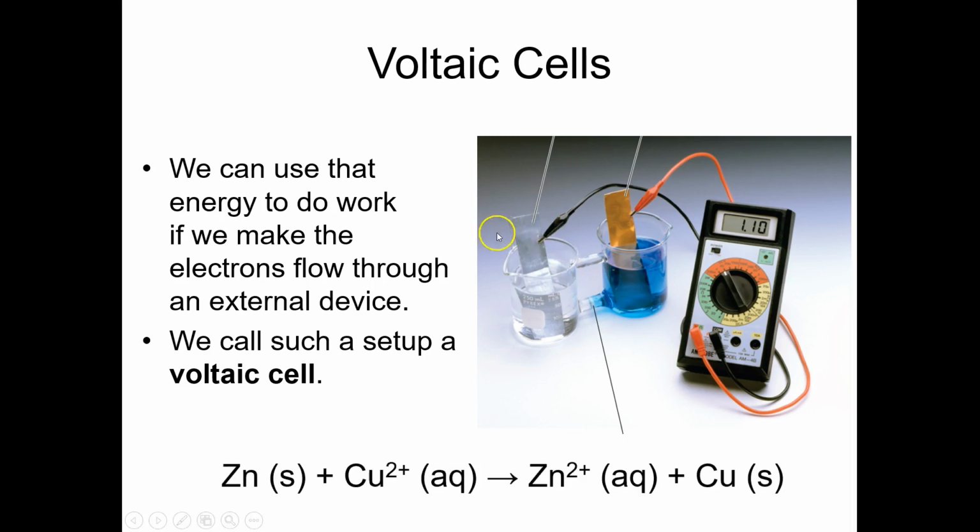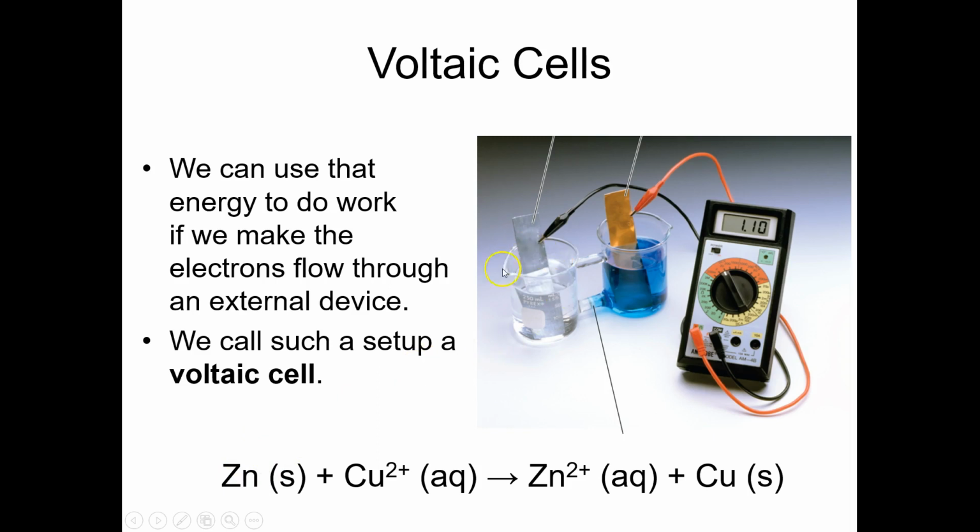So in this beaker here, we have a piece of zinc metal immersed in a solution of zinc sulfate. And in this beaker here, we have a piece of copper metal immersed in a solution of copper sulfate. The spontaneous reaction has zinc being oxidized.